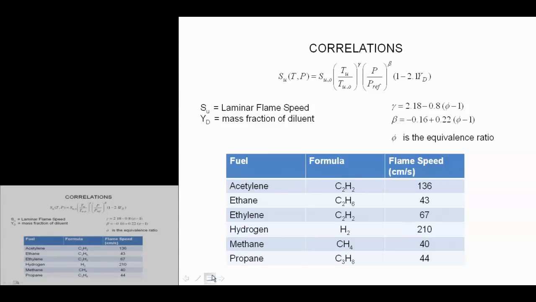Okay, this gives you some correlations for the laminar flame speed. I believe these are from a paper by Keck and Metghalchi. It's a relatively old paper, I would say 1981. But the values are fixed, and you can find this in most combustion textbooks. So here's our negative pressure coefficient.